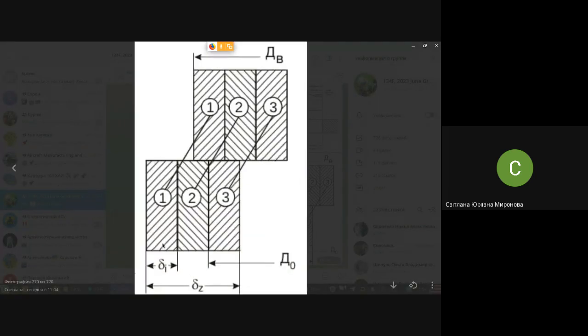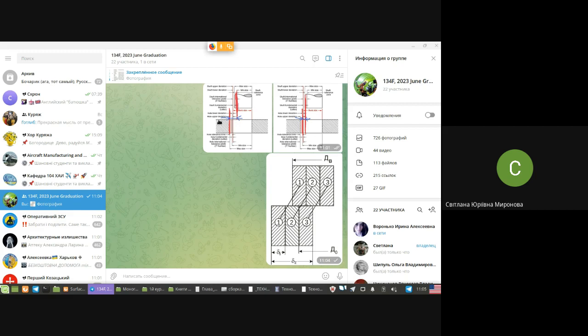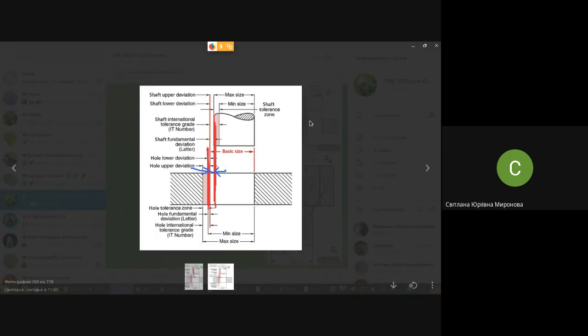The tolerance field of one part, let it be like in our example: on the left we have the hole, on the right we have the shaft, like it was here and there. These pinkish fields of tolerances, here you see one field of tolerance and the second field of tolerance.